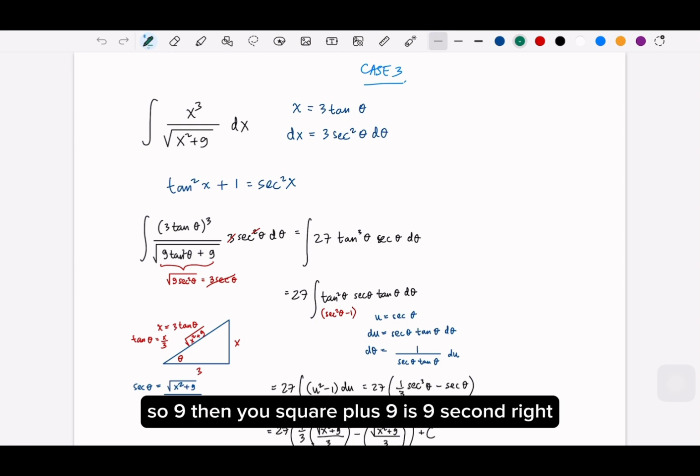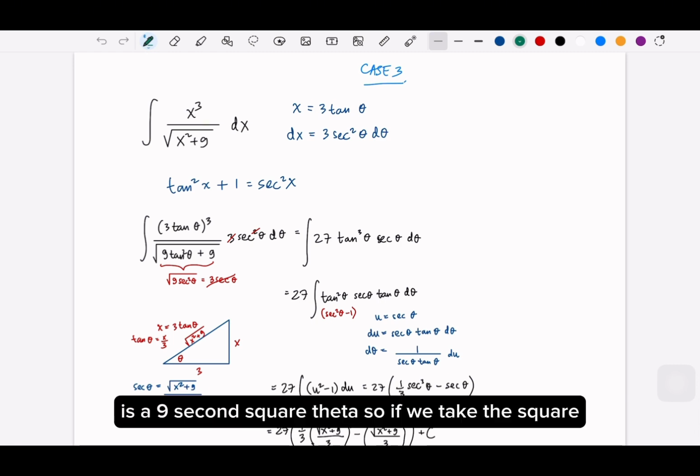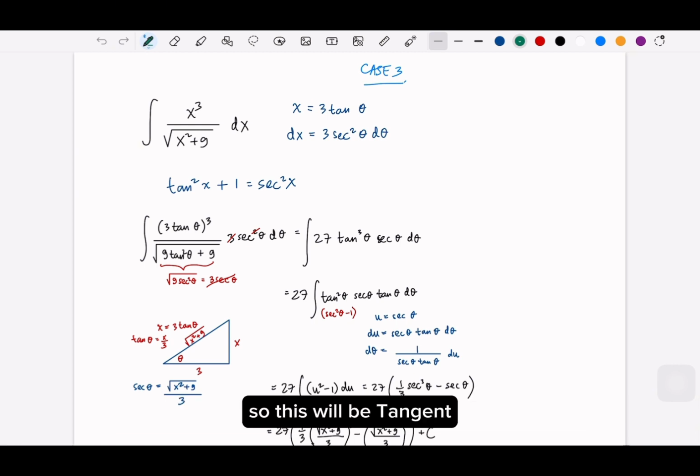So 9 tangent squared plus 9 is 9 secant squared theta, right? If we take the square root, it will be 3 secant, right? 3 secant. So this will be tangent, oh wait, this should be 3 tangent, 3 cube.